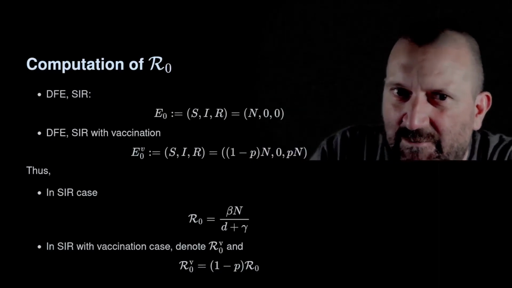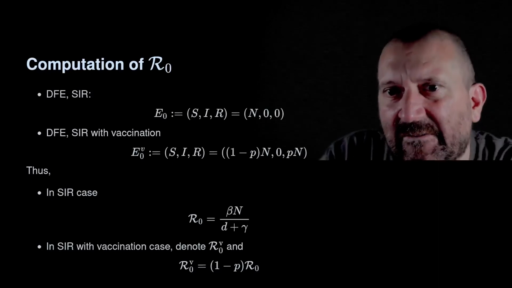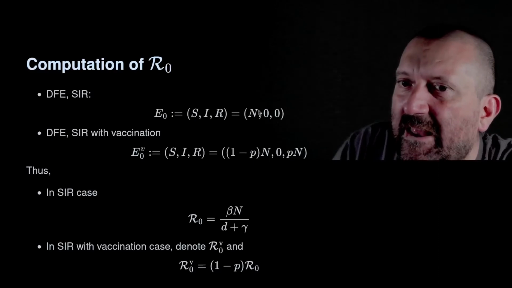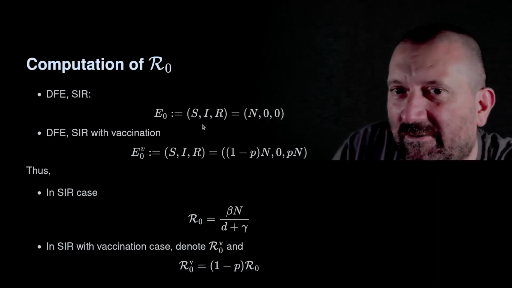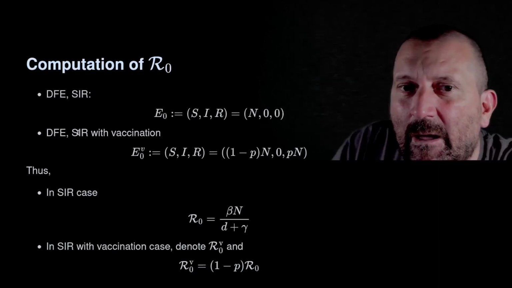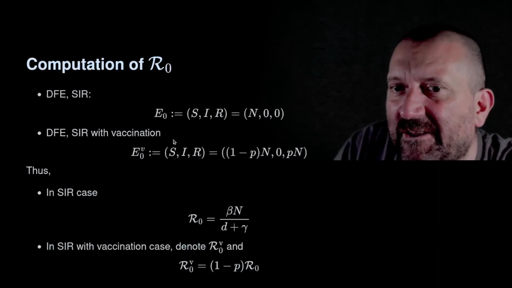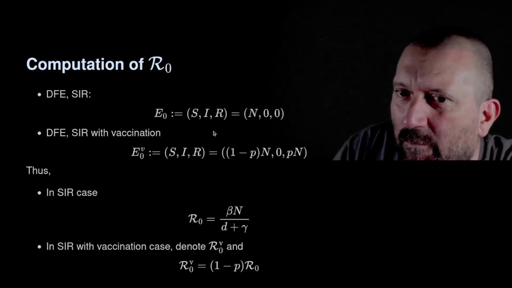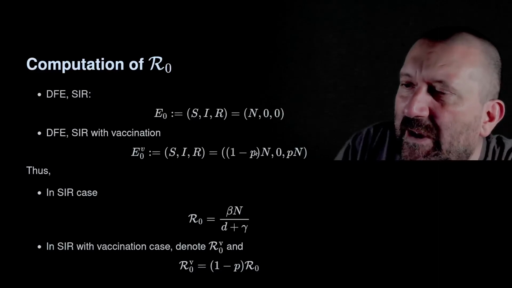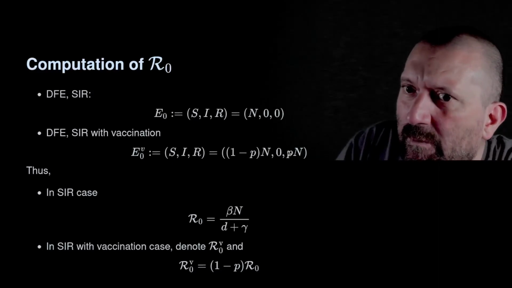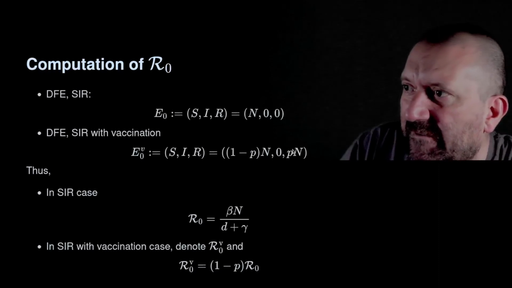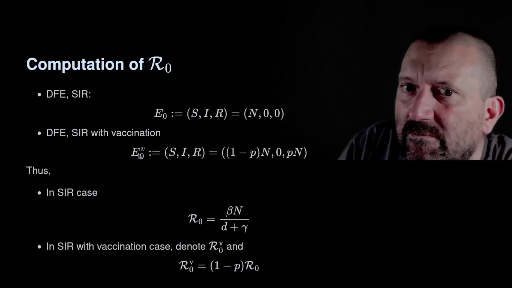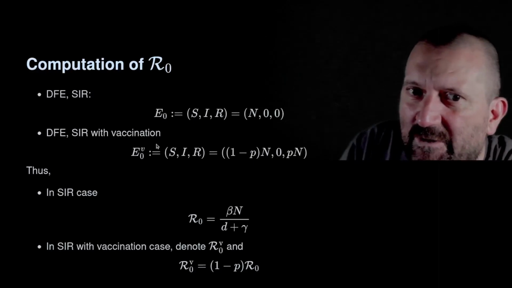Let me compute R0. Again, I won't get into the details, but we find the disease-free equilibrium to be everybody, N, so the whole population is susceptible. But if I look at the model with vaccination, that changes. A proportion 1 minus p of them are susceptible, and the remaining, those who were vaccinated, are in the R compartment. So I get this new disease-free equilibrium.